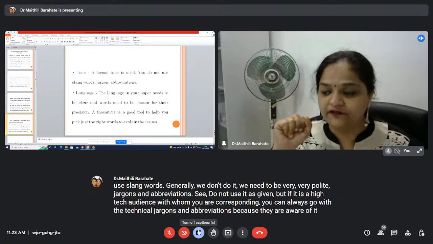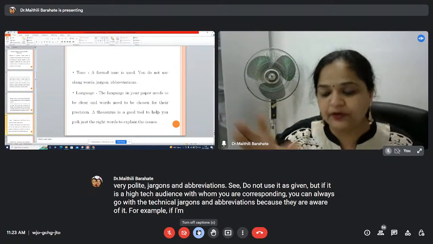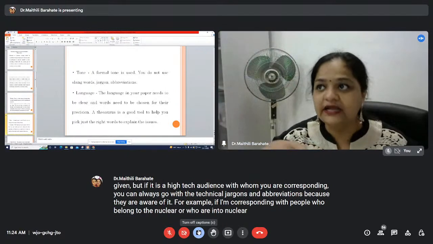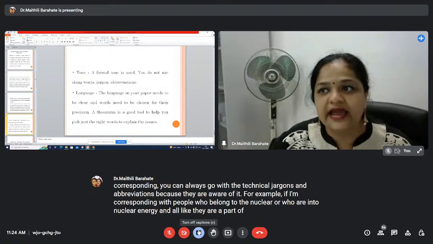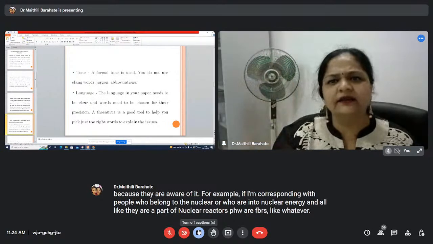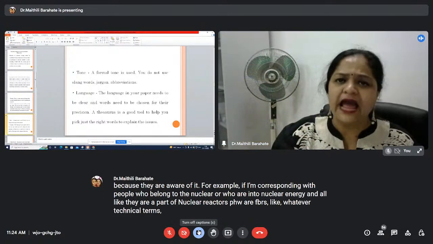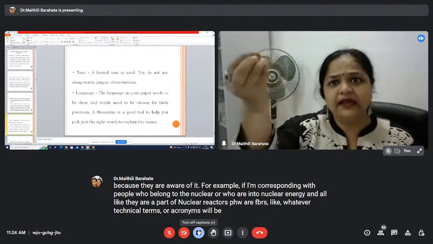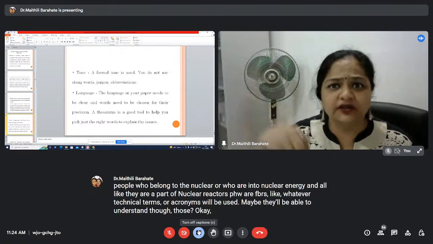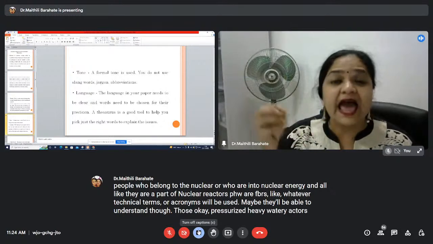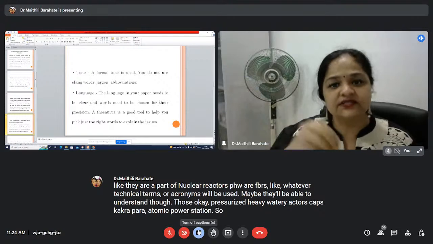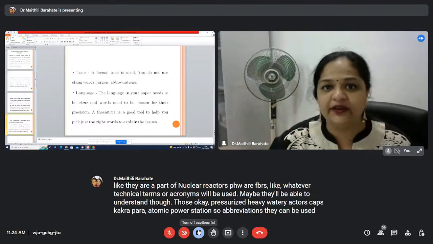For example, if I'm corresponding with people who are into nuclear energy, who are part of nuclear reactors, PHWR, FBRs, whatever technical terms or acronyms are used, they will be able to understand those. Pressurized heavy water reactors, CAPS, Kakrapara Atomic Power Station. So abbreviations can be used for a high-tech audience.